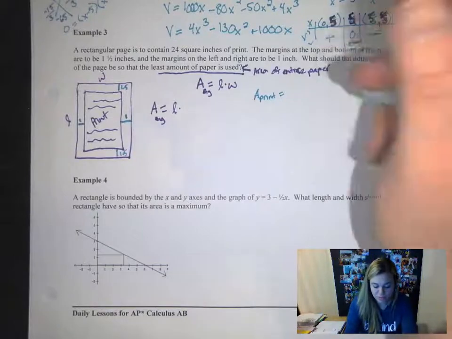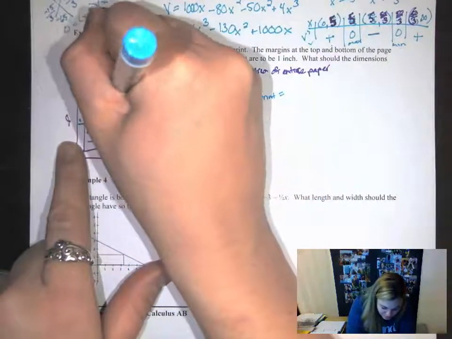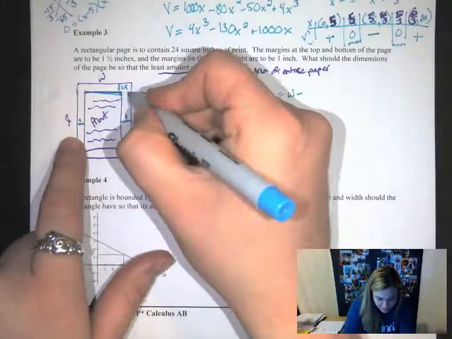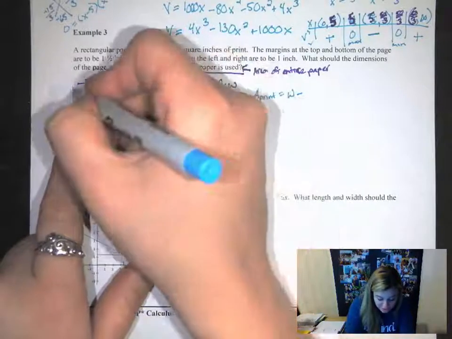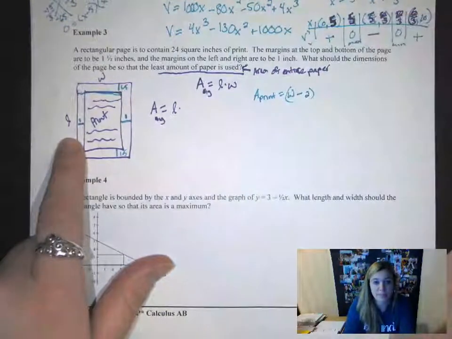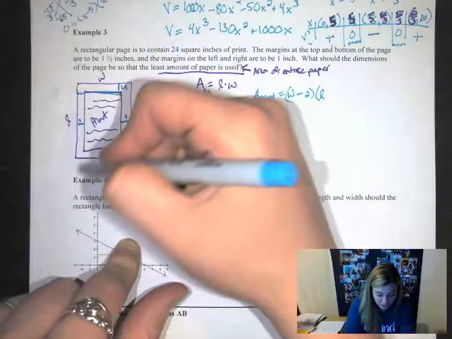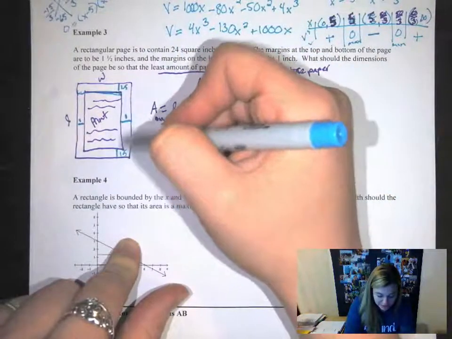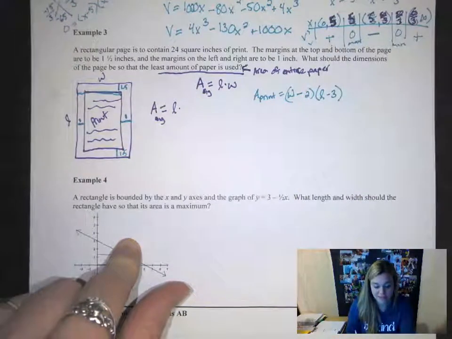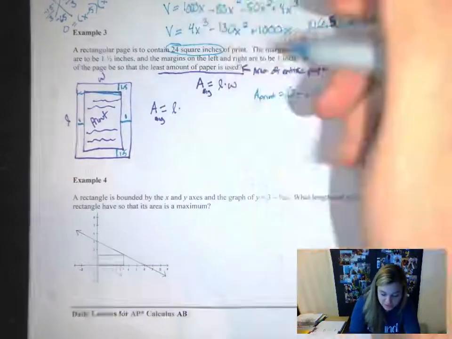So the area of the print, this side is not going to be W anymore. This side is going to be W minus 1.5, or 1 on this side, and 1 on this side. So W minus 2. The length isn't just going to be L anymore. That was the big paper. The print is going to be minus 1.5 here, minus 1.5 here. So I have length minus 3. And I also know that the area of the print is 24 square inches.